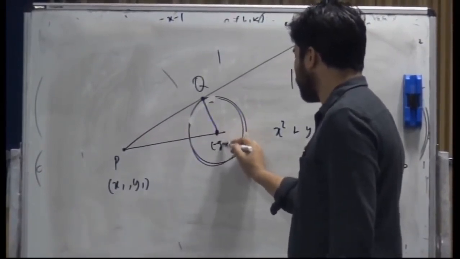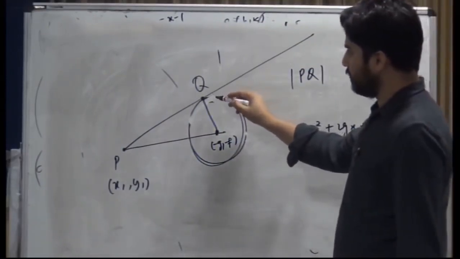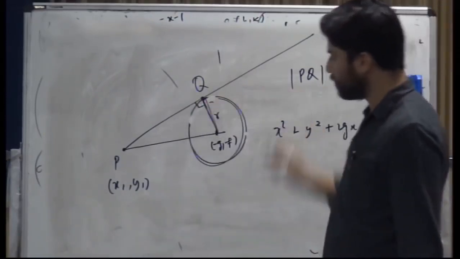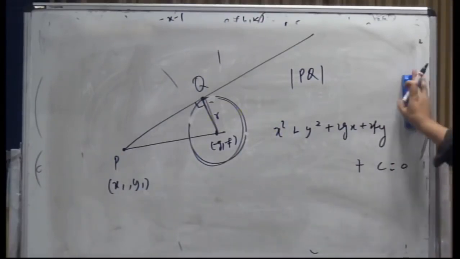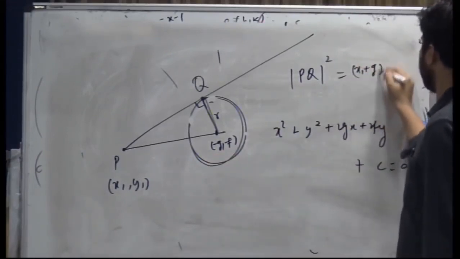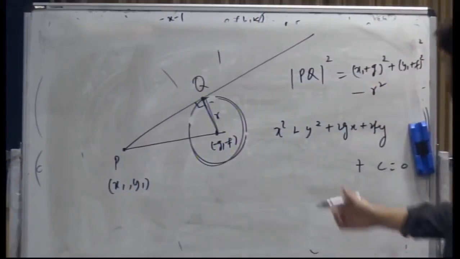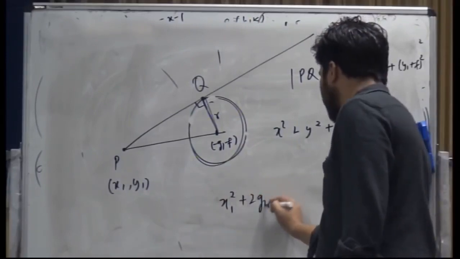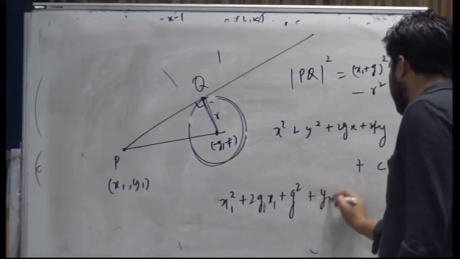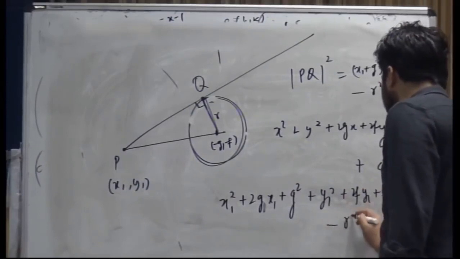this center is nothing but minus g comma minus f from here, and this is nothing but radius, and you know Pythagoras, so mod PQ square would be equal to (x1 plus g) whole square plus (y1 plus f) whole square minus r square, which will give you x1 square plus 2gx1 plus g square plus y1 square plus 2fy1 plus f square minus r square.